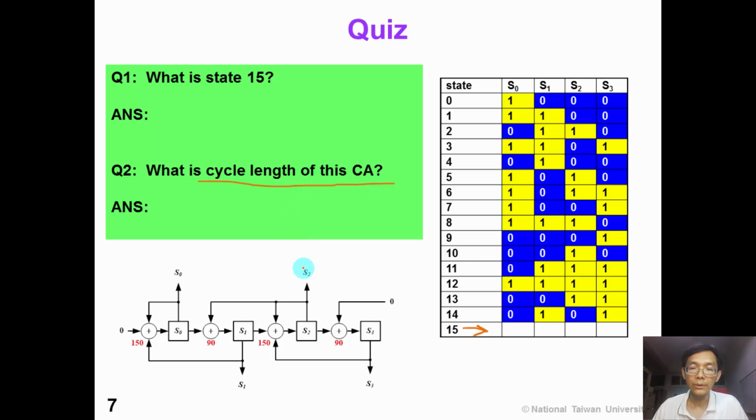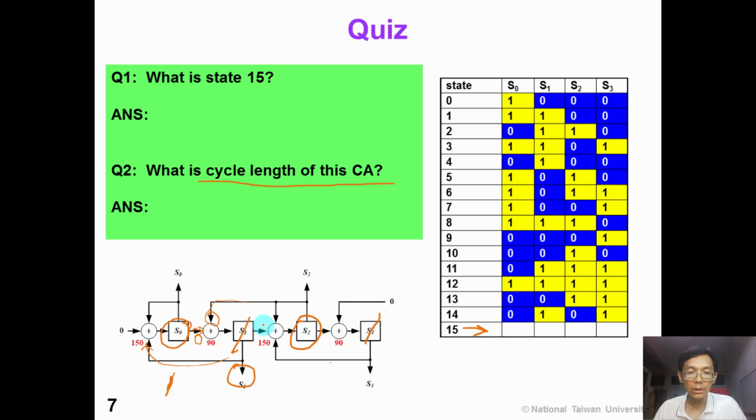Okay, are you ready for the answers? 0101 is the 14th state. After one cycle, this first bit will become 1, and the second bit will be 0 inclusive or 0, which is still 0.